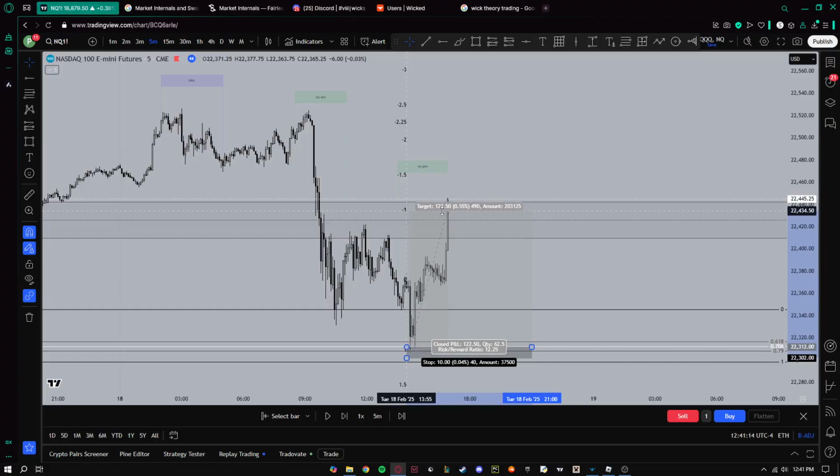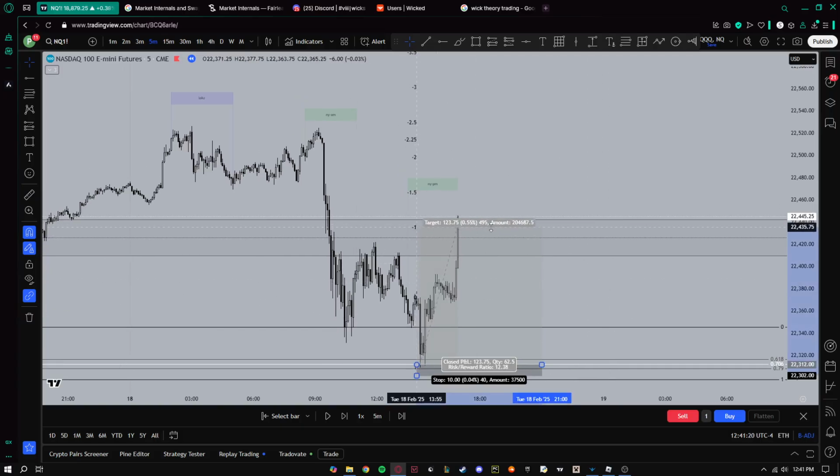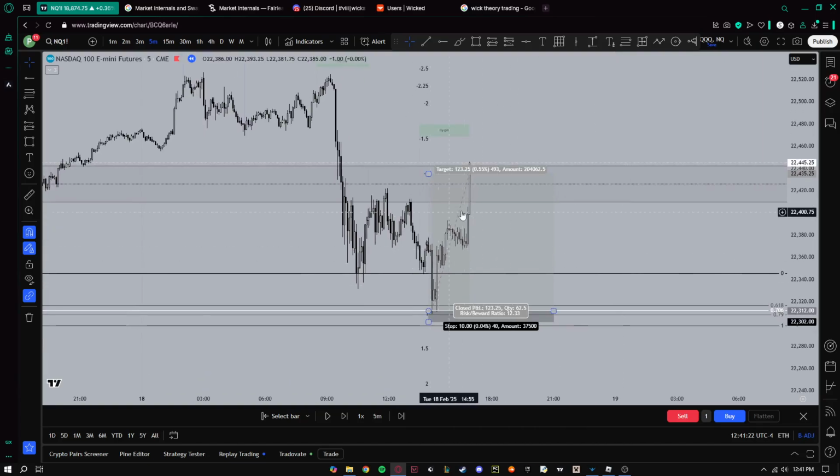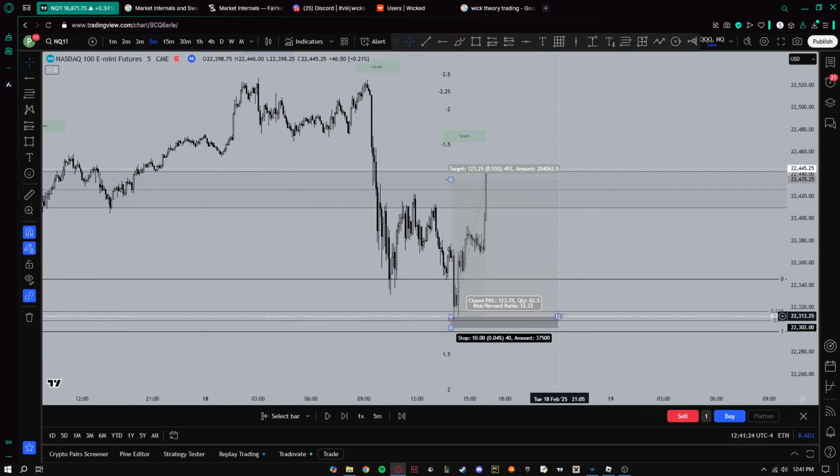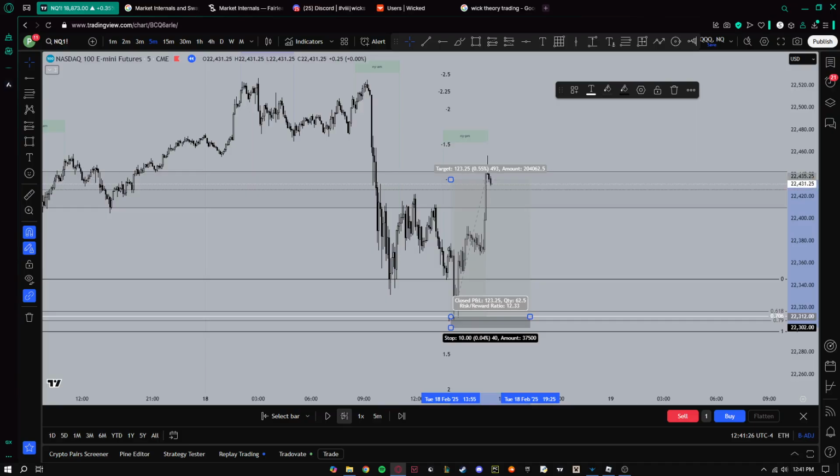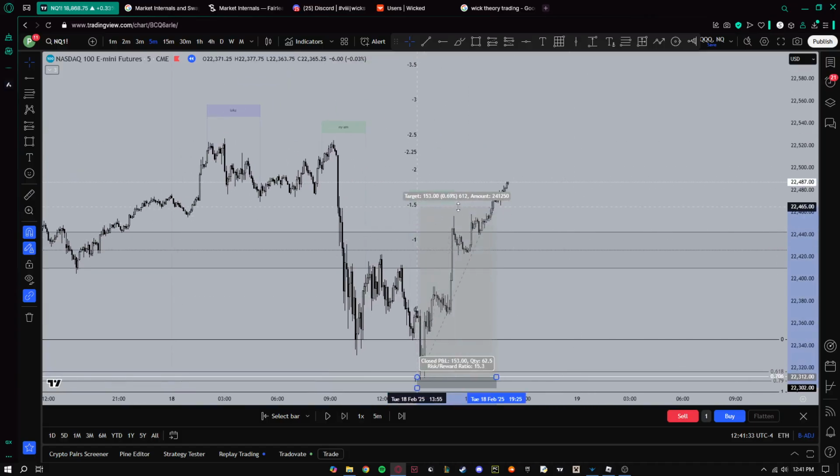But in this case, I probably would have targeted -1 since it's a pretty good trade, and I mean, it's up to you honestly. Or you could honestly just trail your stop. But yeah, we reached -1.5 as well.